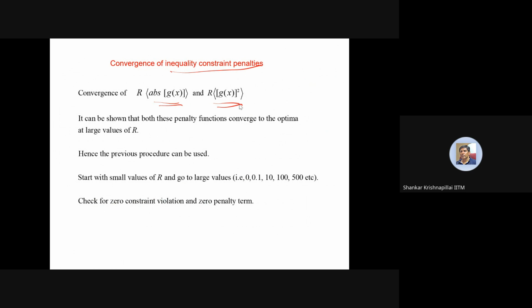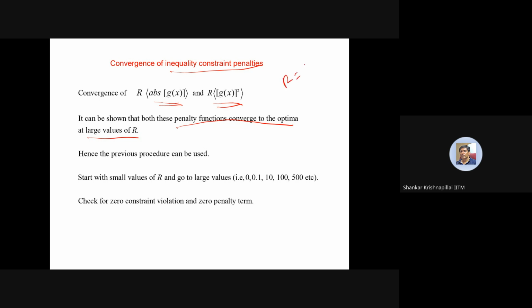So how does their convergence look? The mathematical proof of their convergence is very difficult, but it can be shown that both these penalty functions will converge to the optima at large values of r. So their behavior is similar to the parabolic penalty function.